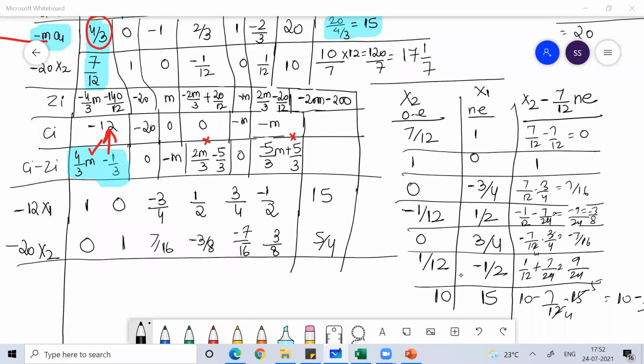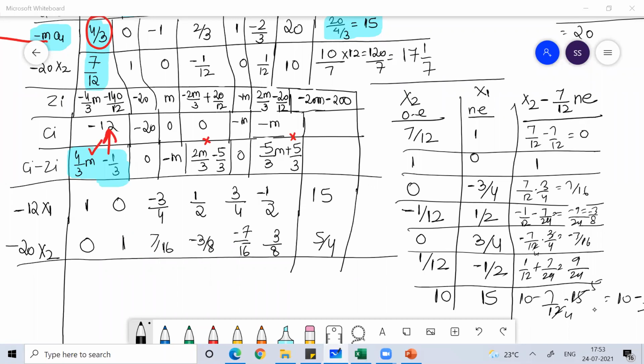Then 1 by 12 plus 7 by 12 into 1 by 2, so 1 by 12 plus 7 by 24, with 24 as LCM, means 9 by 24, means 3 by 8. Then 10 minus 7 by 12 into 15, so 10 minus 35 by 4 means 5 by 4.